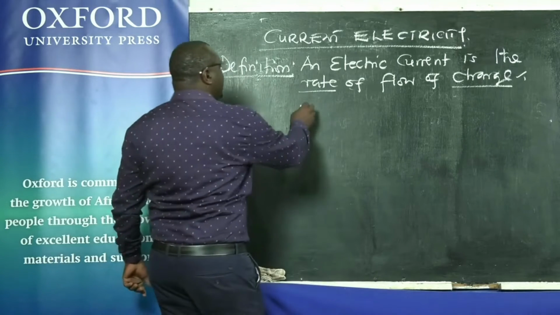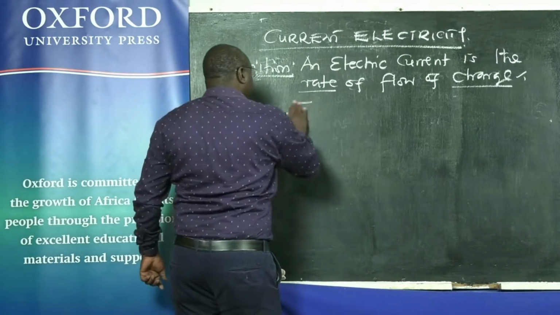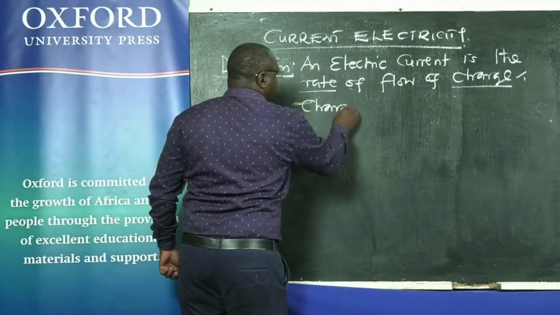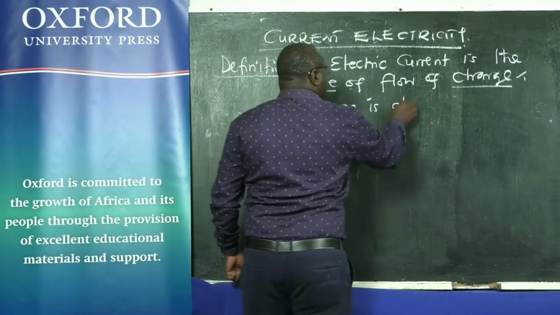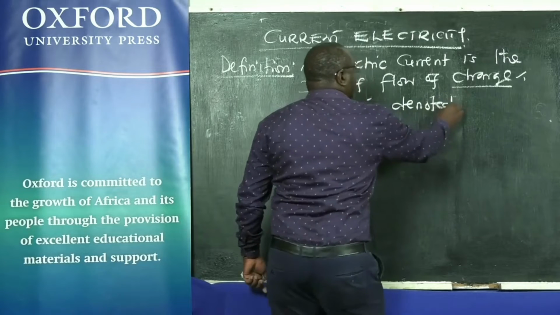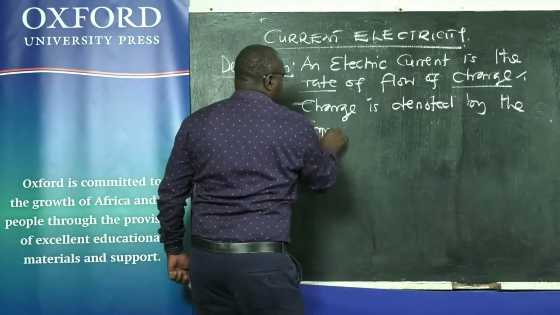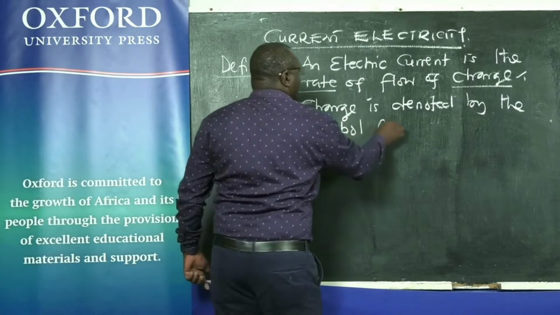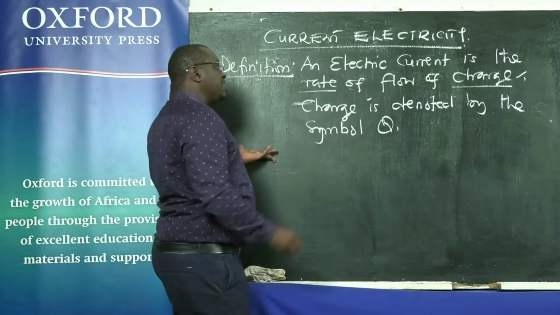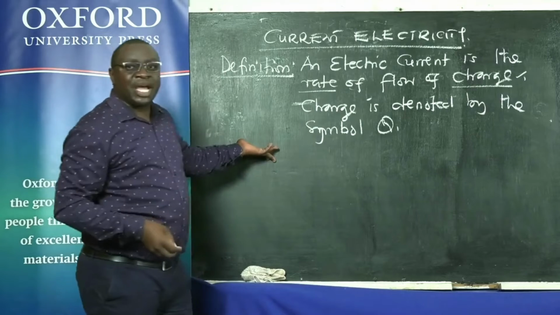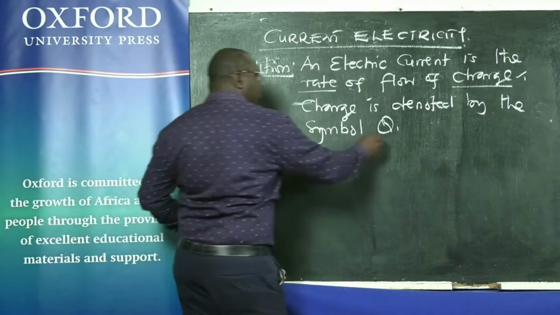So we can safely say charge is denoted by the symbol letter Q, and the same charge is measured using a unit called the coulomb. Those are the units of measure.